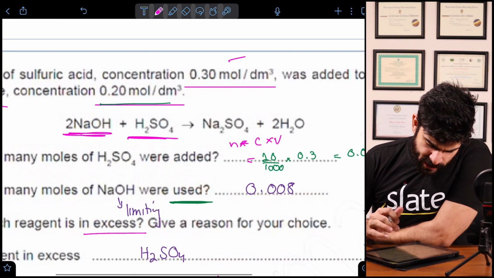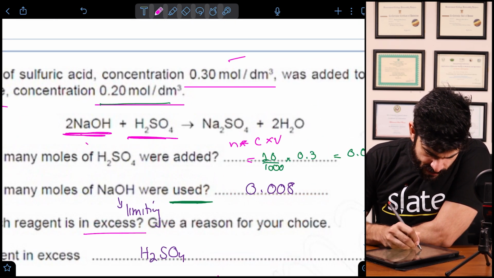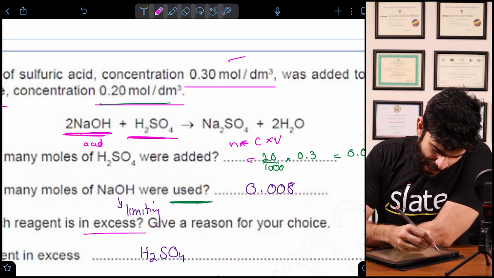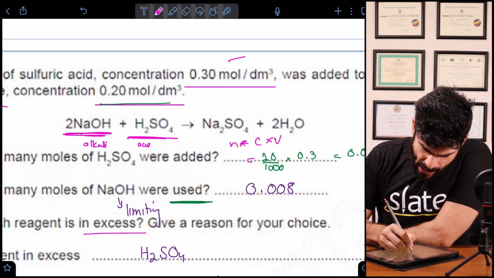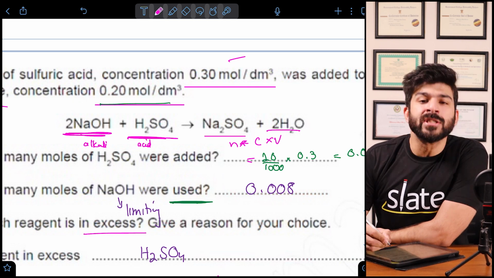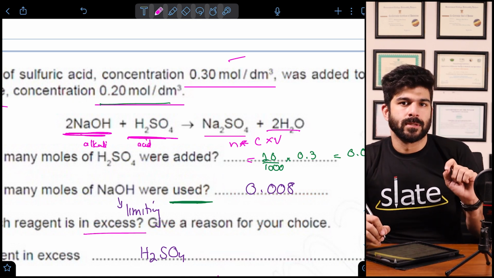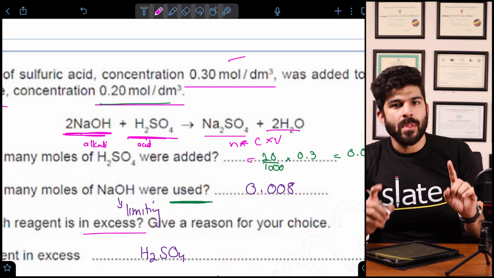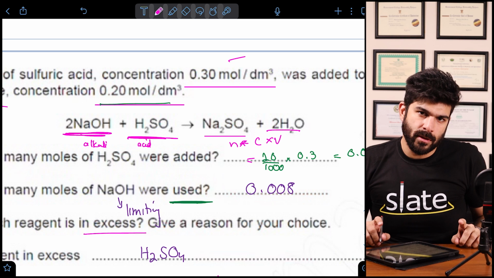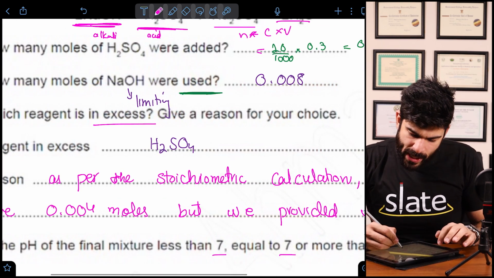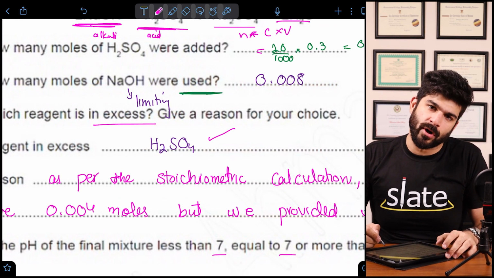So this is the neutralization reaction. Alkali plus acid. And we know that the product formed is neutral. But the product formed is neutral when we have equal stoichiometric quantities of both. But in this question, we had excess of H2SO4.